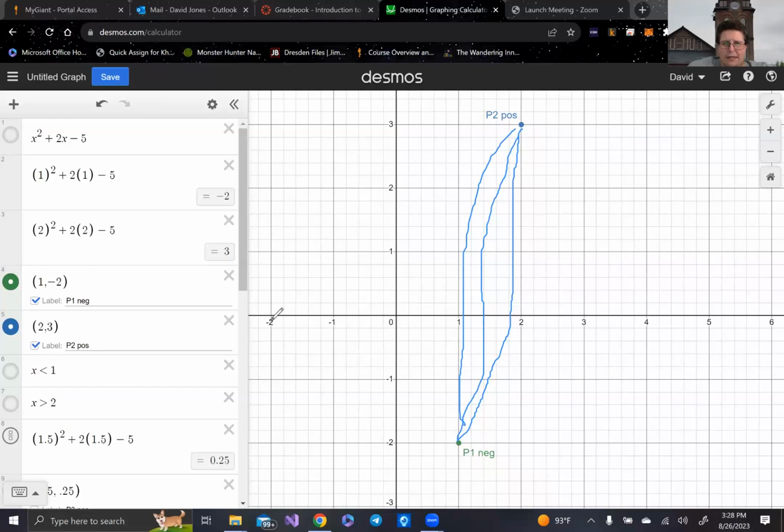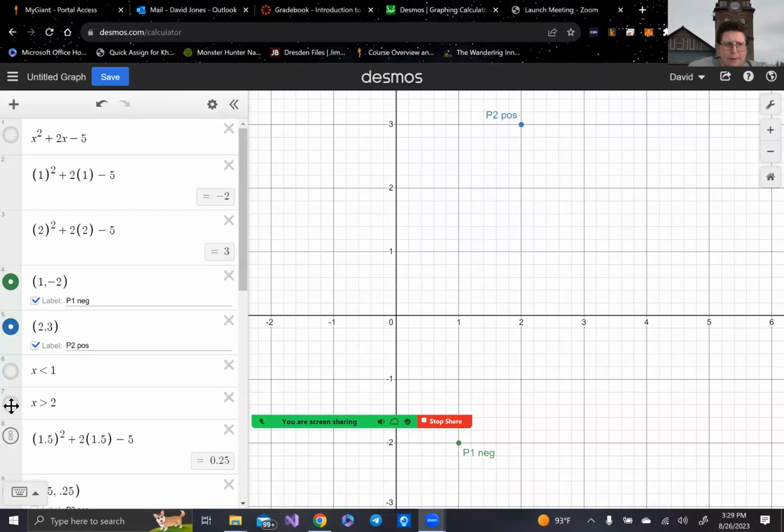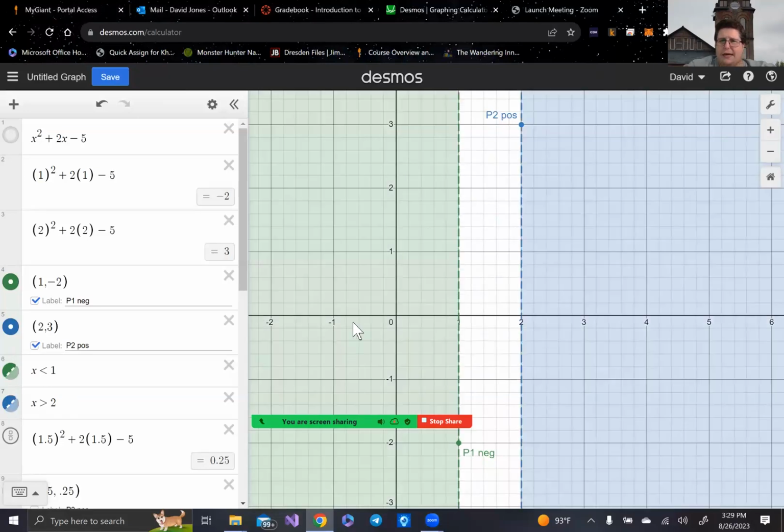But somewhere it's crossing this line right here. That line is our x-axis, and that's where y equals 0. That's our line where we have a root. Okay, so we know it's between 1 and 2. So I'm going to cross those off and do that.